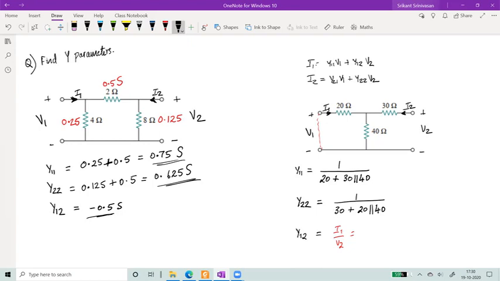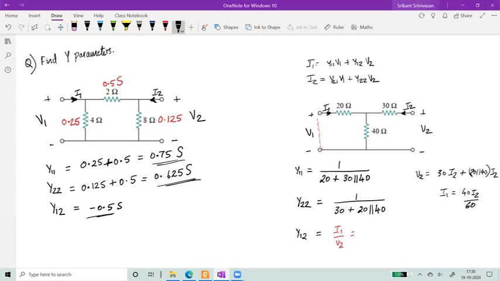So we can say that V2 is equal to 30 I2 plus 20 in parallel with 40 I2. And then you have I1 is equal to 40 I2 by 60, right?